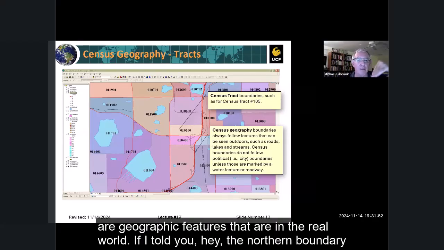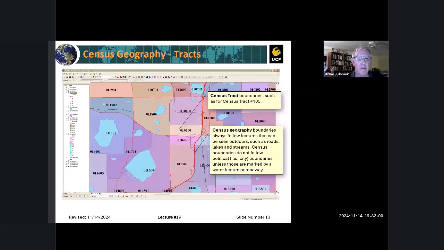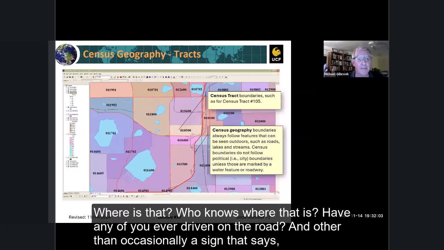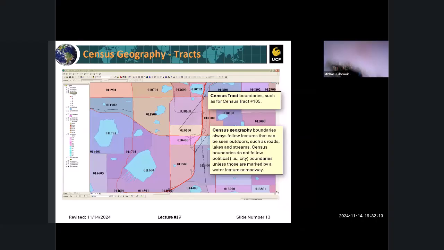If I told you the northern boundary of census tract number 118 is the Orlando city boundary, where's that? Who knows where that is? Other than occasionally a sign that says now entering the city of Winter Park, have any of you ever been aware of where the city boundary is?